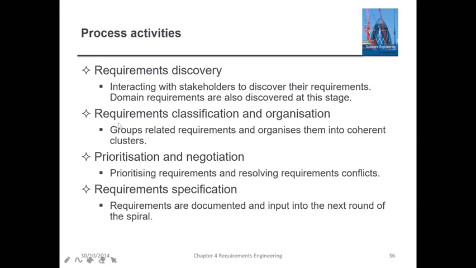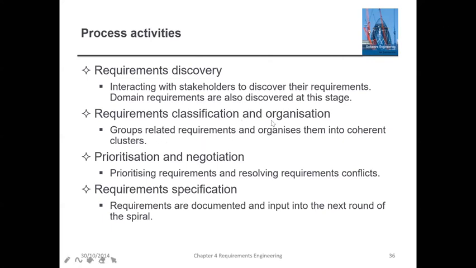Moving towards the next point, it is requirements classification and organization. What will happen here is that all the unstructured requirements can be categorized in this stage. We can put them in a systematic way depending upon their nature. How is it going to happen?